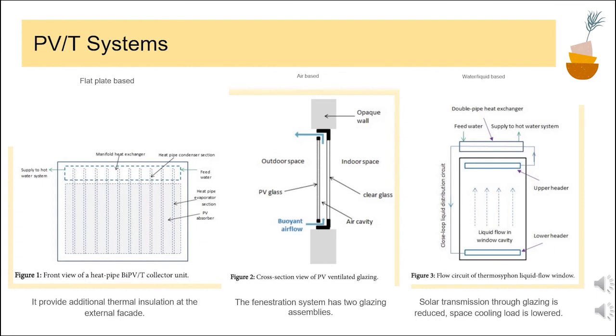Solar transmission through glazing is then reduced, and space cooling load is lowered. Natural light is enhanced since the liquid layer has negligible effect on the visible light spectrum, with thermal load reduction, natural light preservation and utilization, and useful heat gain for hot water supply in one go.